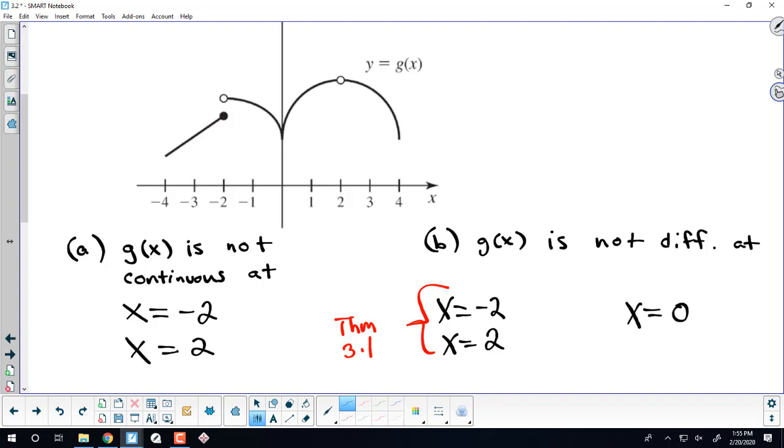Why is the function not differentiable at x equals 0? Because g prime has a vertical tangent. We saw that when we graphed this, right? The tangent line gets more and more vertical right here. So this is a vertical tangent. So there are 3 values where the function's not differentiable, but only 2 values where it's not continuous.